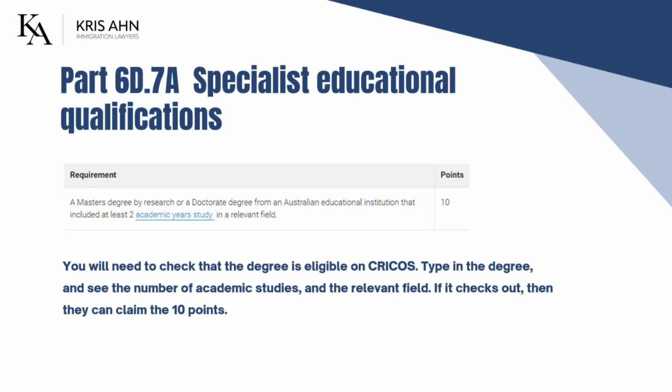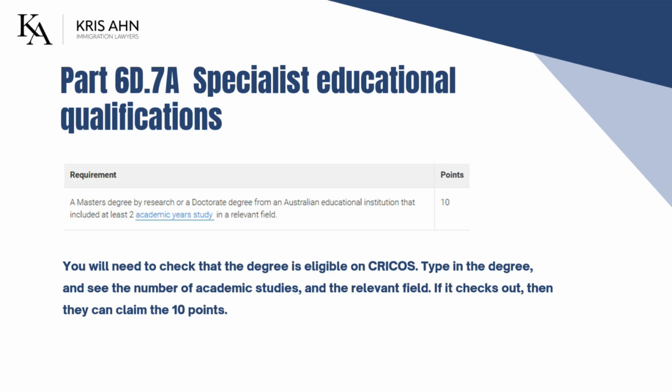And then here we've got from an Australian educational institution. It's from the University of Newcastle, tick. It's on CRICOS, is it 2 years of academic study? What's an academic year? It's 92 academic weeks. So here, this course was 104 academic weeks, which is pretty much 2 academic years.